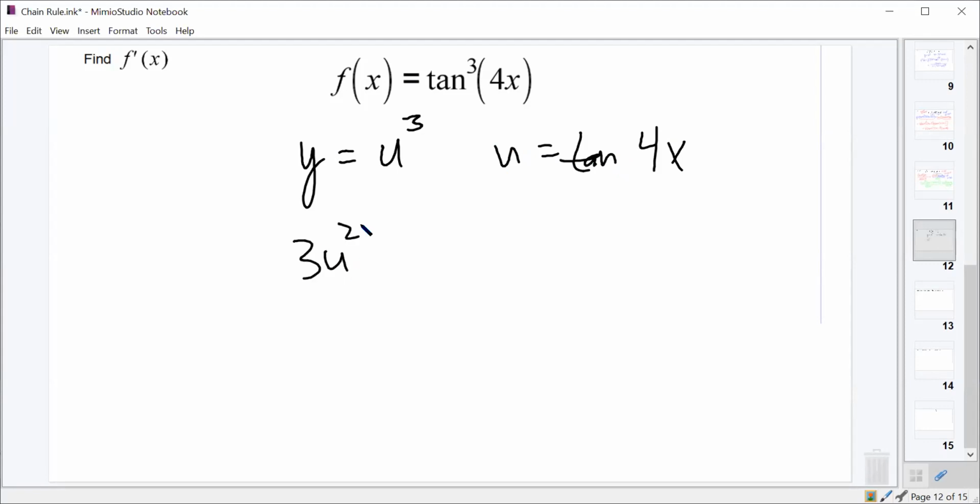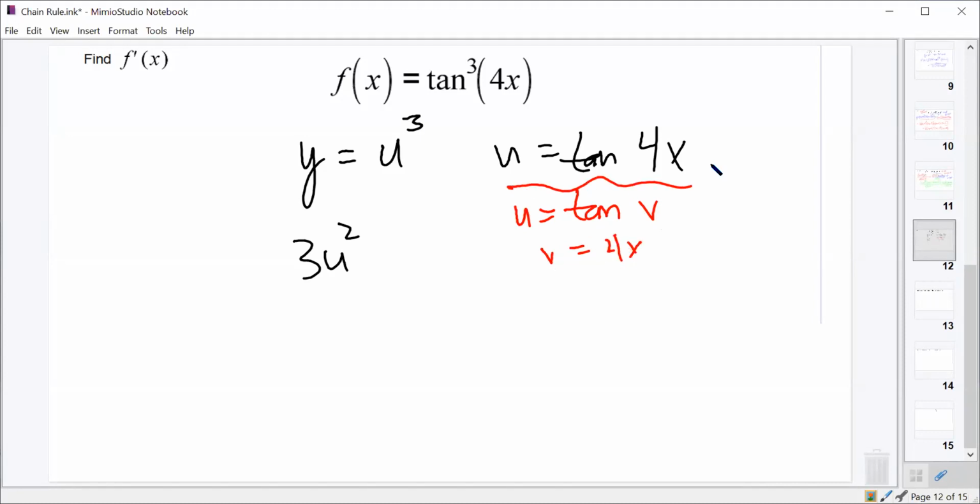Just 3u squared. But what about the derivative of u equals tangent 4x? In order to do that, what we really have is u equals tangent of v, with v equal to 4x.